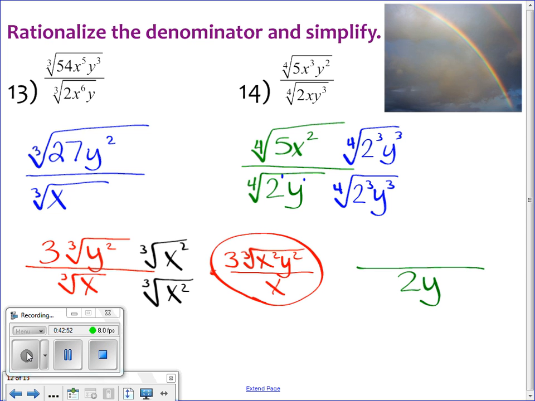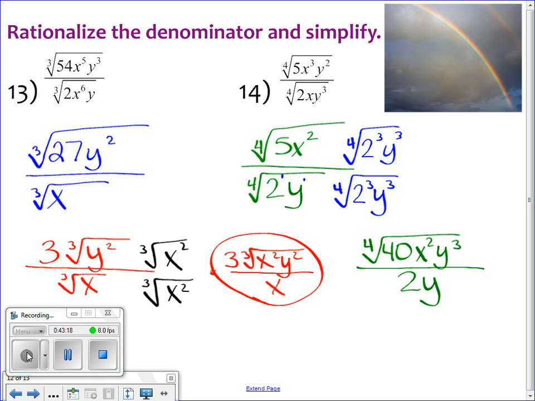On the top, when I go to multiply this, what's 2 cubed? 8 times 5 is 40. And then I have x squared y cubed. Okay. Can I simplify this now? If I do a factor tree on 40, do I get enough? Do I have a group of 4 of anything?